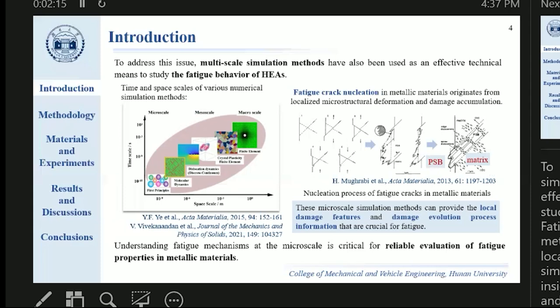These are exactly the key information for unraveling fatigue mechanism, as fatigue mechanism is critical for reliable evaluation. Therefore, this study aims to develop a method for fatigue damage evaluation and fatigue strength prediction based on microscale simulation.